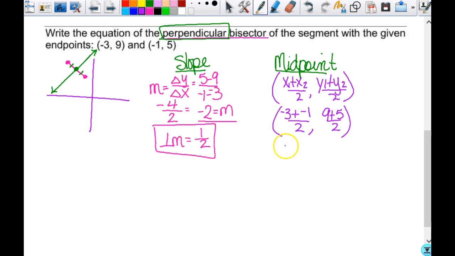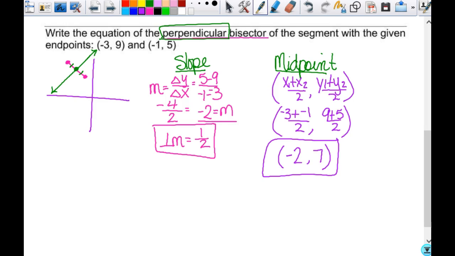So that's -4 over 2, which is -2. And then a positive 14 over 2, which is 7. So this is the midpoint of the pink segment, which is a point on the green line.